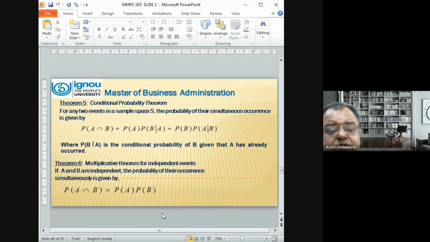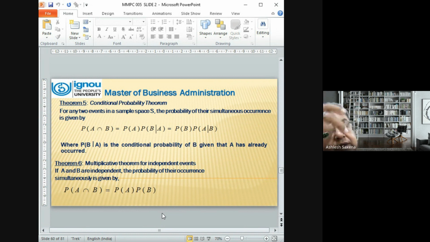Now see to the conditional probability theorem. I'm talking about how it is written. If for two events in the sample space S, the probability of simultaneous occurrence is given by P(A intersection B) is equal to P(A) into P(B by A).